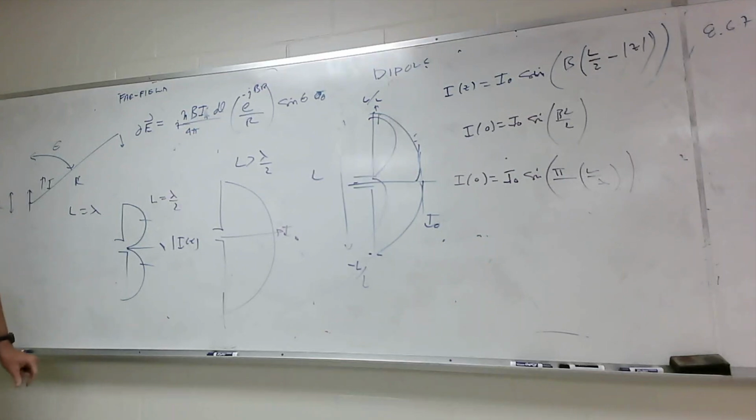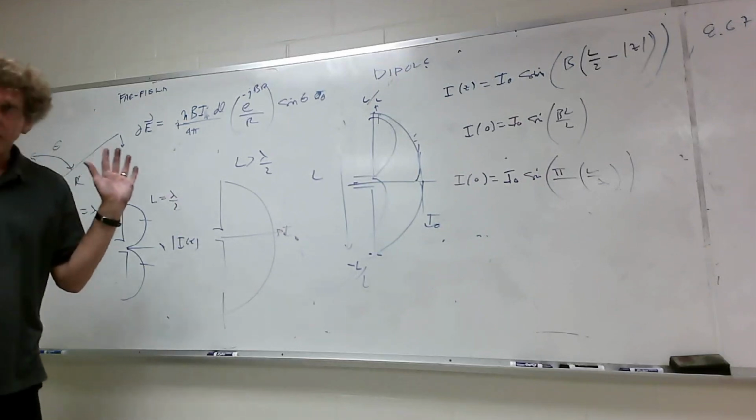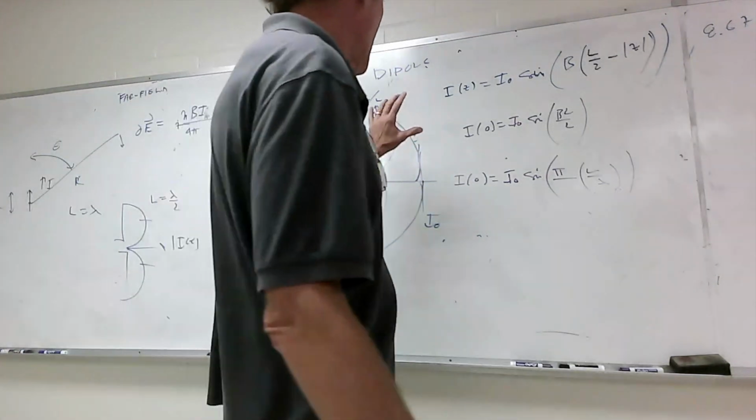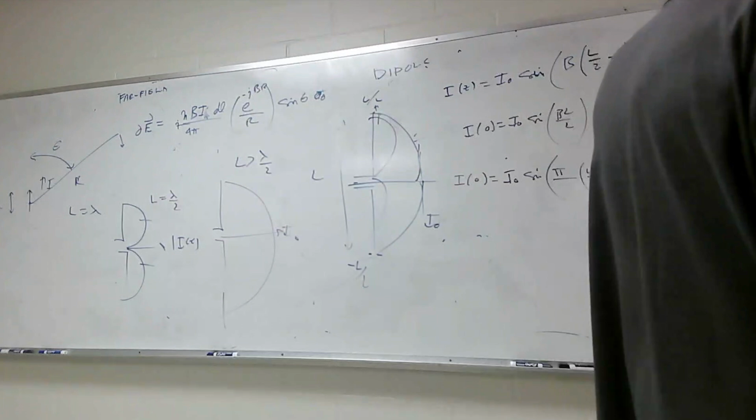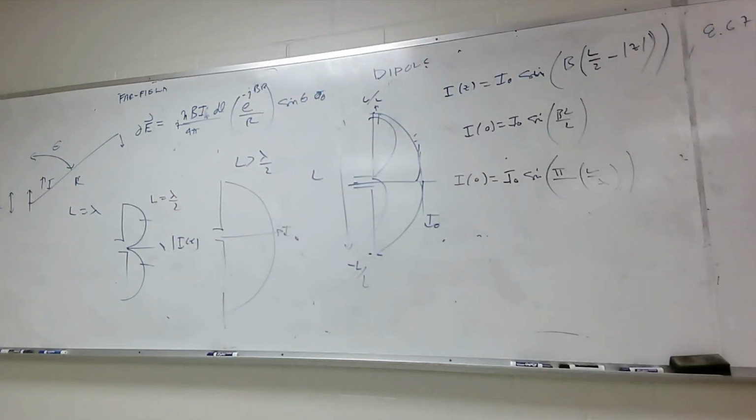The truth is, nobody uses a full-wavelength antenna for much, because when you prove this, you get a couple of weird lobes in the actual radiation pattern. This one we don't, the L/2, but I'm about out of time.